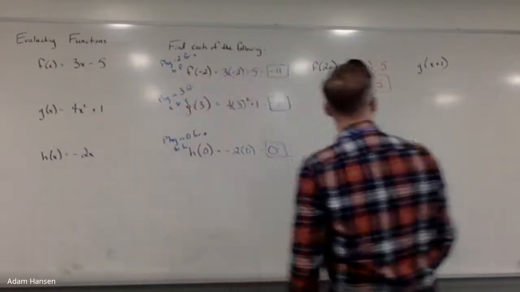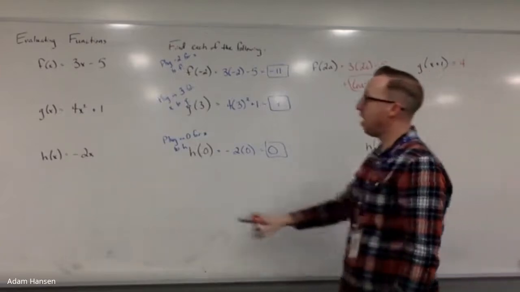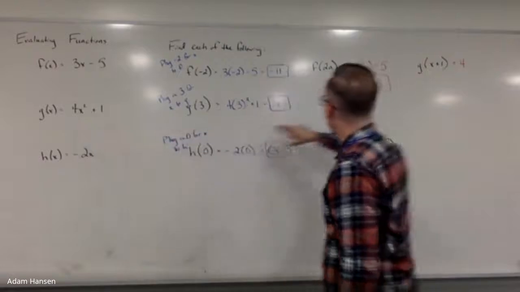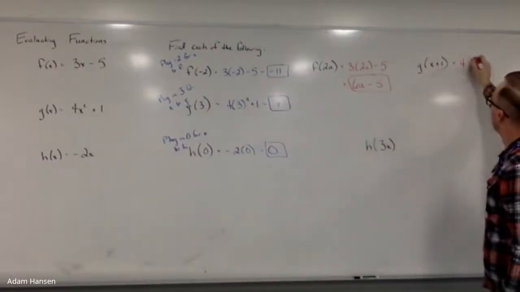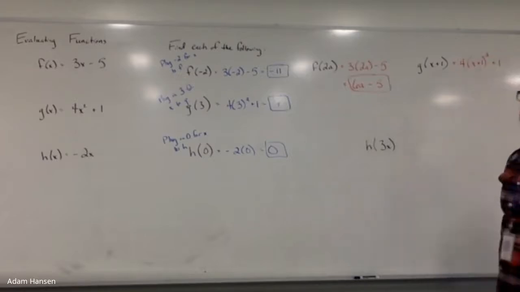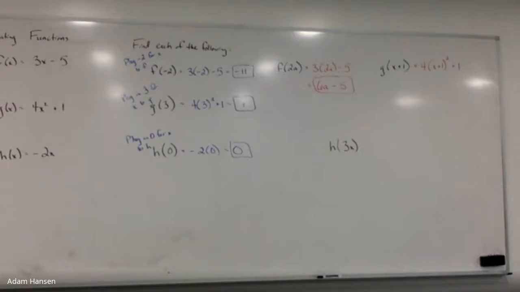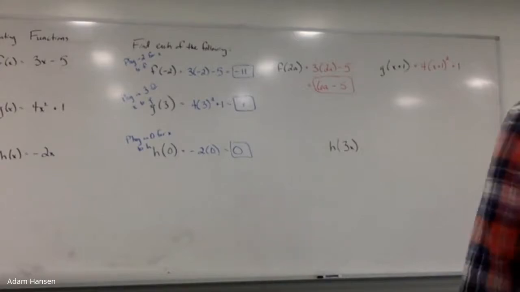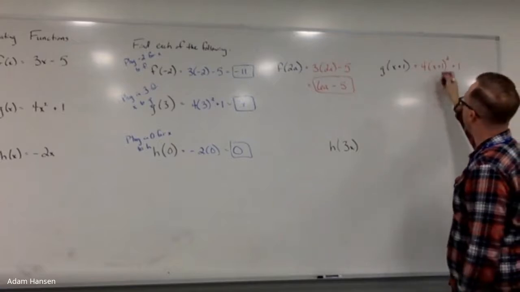G of x plus 1 is going to be 4, but instead of x squared, now it's going to be what I plug in for x, quantity squared. So x plus 1 squared plus 1.